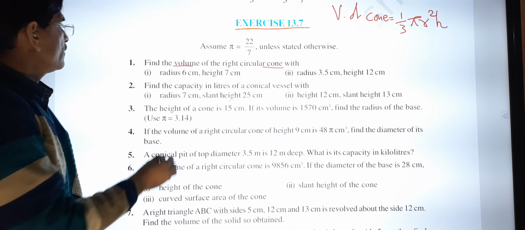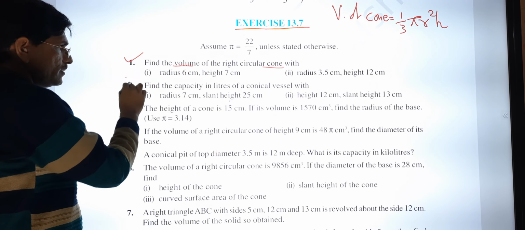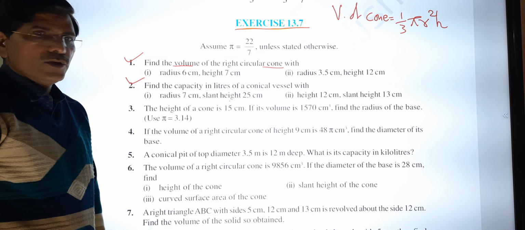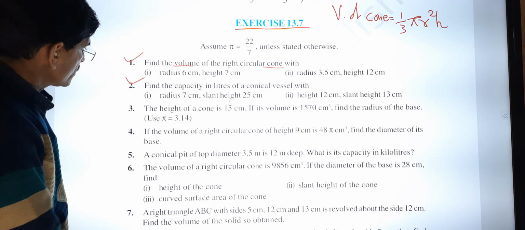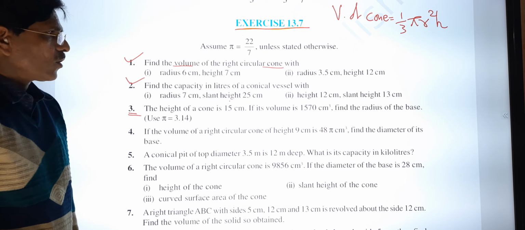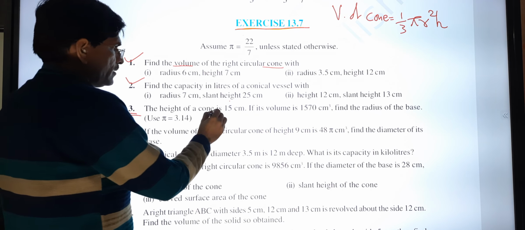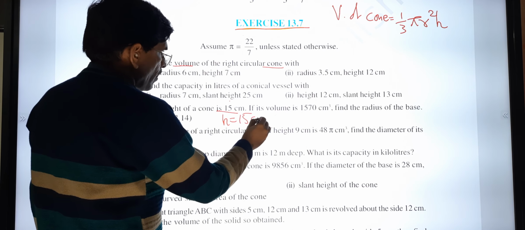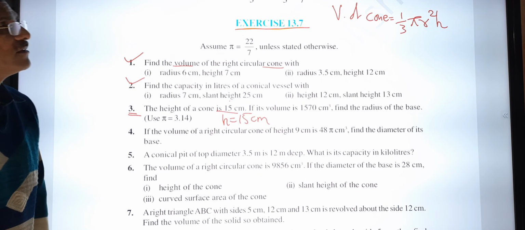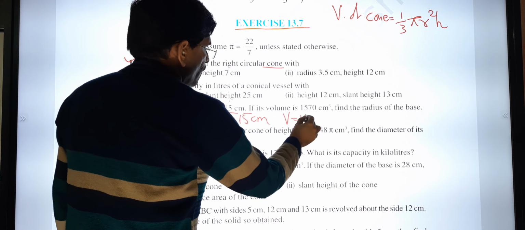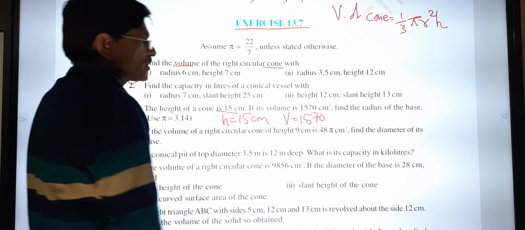Now I think we have completed first and second, and third we are discussing. So in the third, the height of the cone is 15 centimeter, that is h is given 15 centimeter. Volume V is given, that is 1570 centimeter cube.